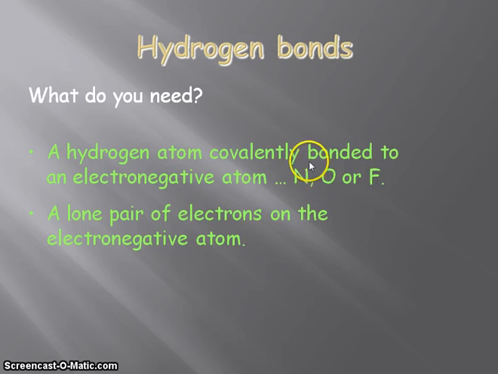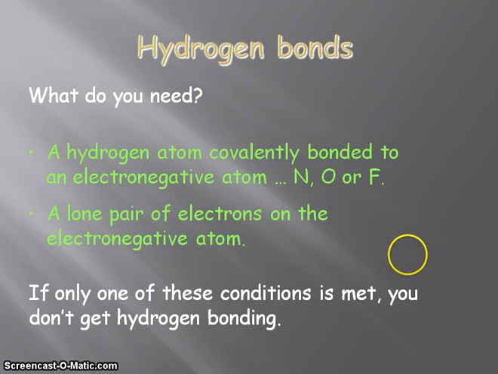That's why the nitrogen or oxygen atom acquires a partial negative charge and the hydrogen atom acquires a partial positive charge. The negative end of one molecule weakly interacts with the positive end of another molecule, and that weak interaction is known as a hydrogen bond.